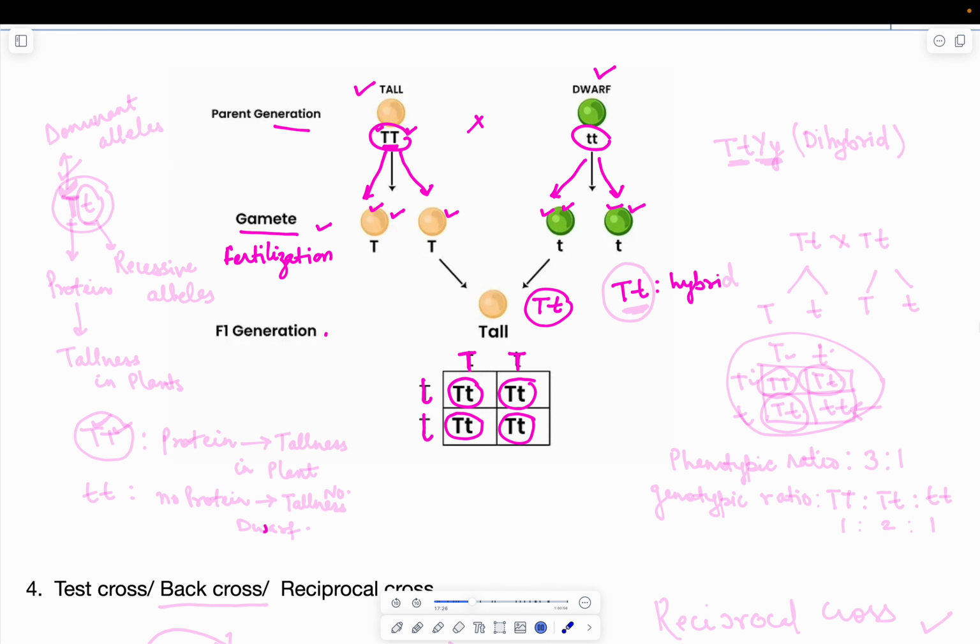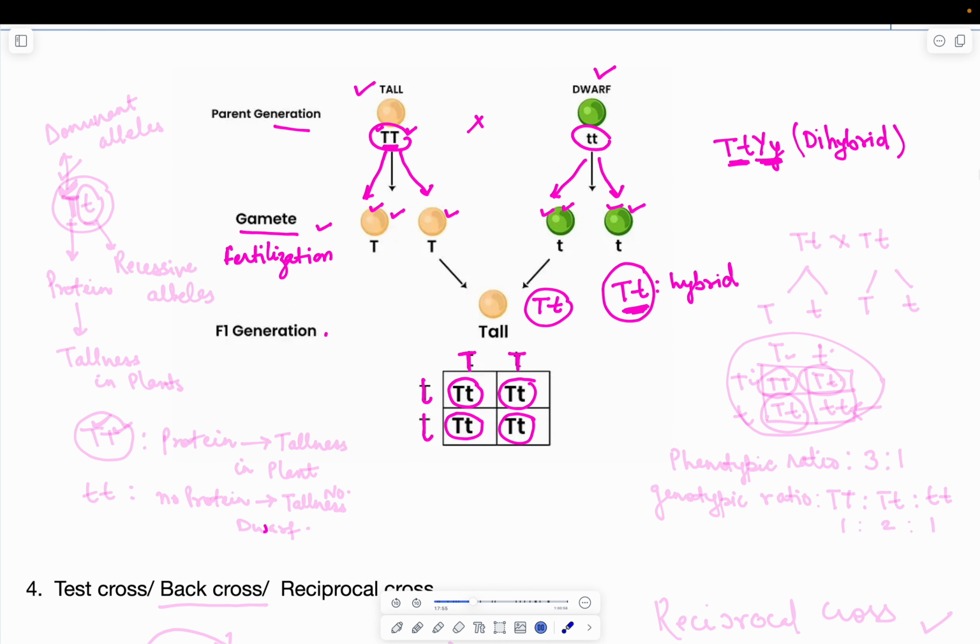So why are they known as monohybrid? Because they are hybrid for one pair of alleles. If an individual is hybrid for two different pairs of alleles, then you will call it dihybrid. We'll discuss dihybrid under the next topic. So right now it's a monohybrid because it is a hybrid for one pair of alleles, right?